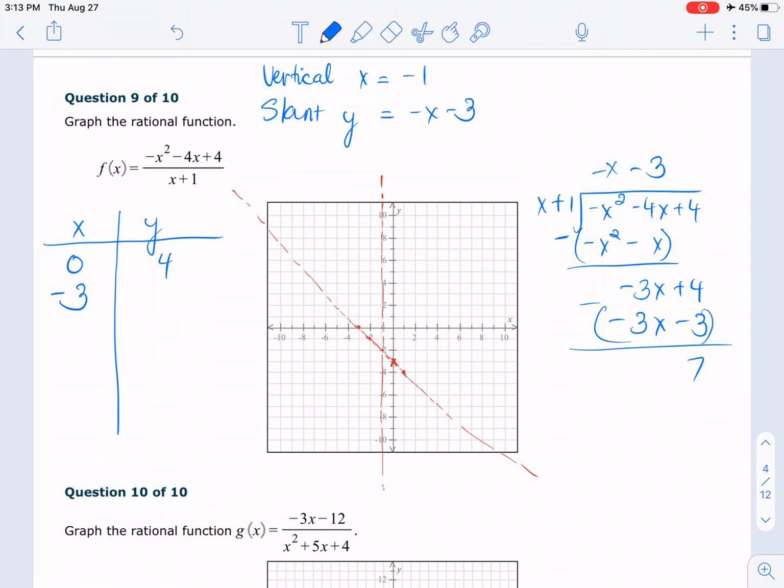If I have negative 3, it's going to be negative 9 plus 12 plus 4 over negative 2.